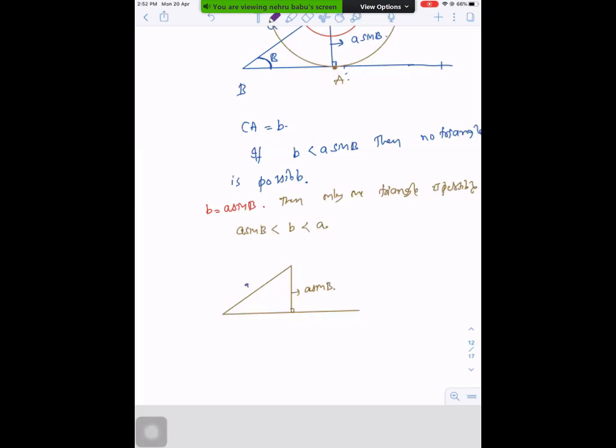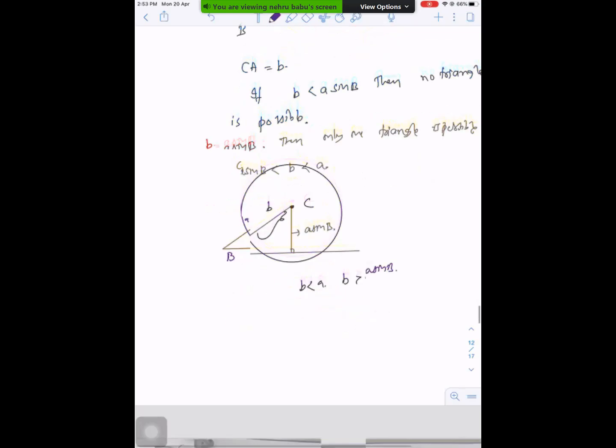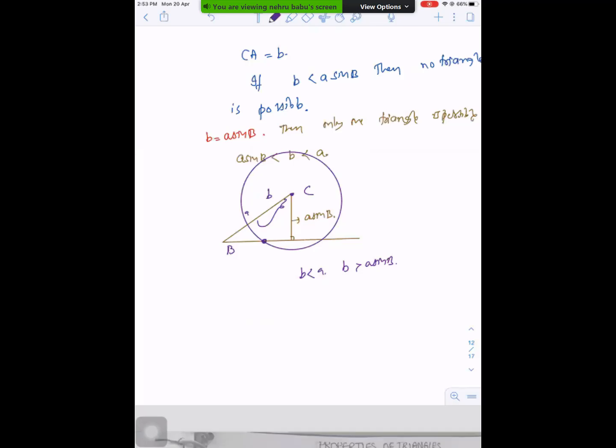So our radius is smaller than a and bigger than a sin B. I am taking a circle like this, with center C. C to B distance is the radius of the circle, b. So b is less than a and bigger than a sin B. If you see this, the circle intersects the horizontal line at two points. This is my A1, this is my A2.